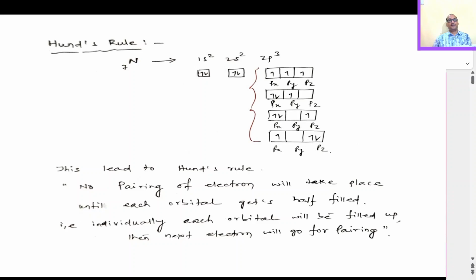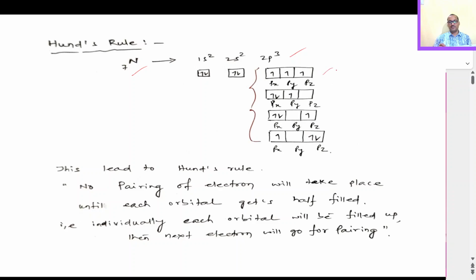So let's talk next about Hund's rule. Suppose nitrogen, atomic number 7, so the electronic configuration is 1s2, 2s2, 2p3. Here you can see 1s2 electrons, 2s2 electrons and 2p3. We know already that p is of three types of orbital: px, py, pz. These three electrons we can put in the three different orbitals, and it can be of any type of arrangement.